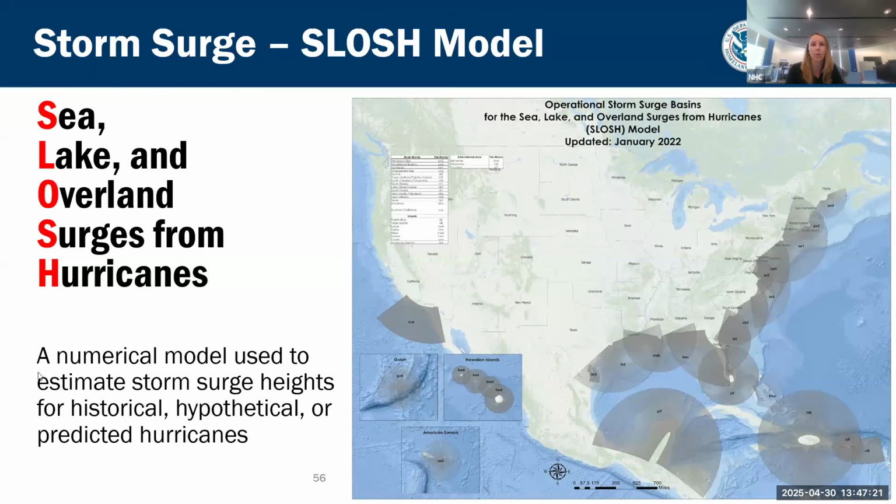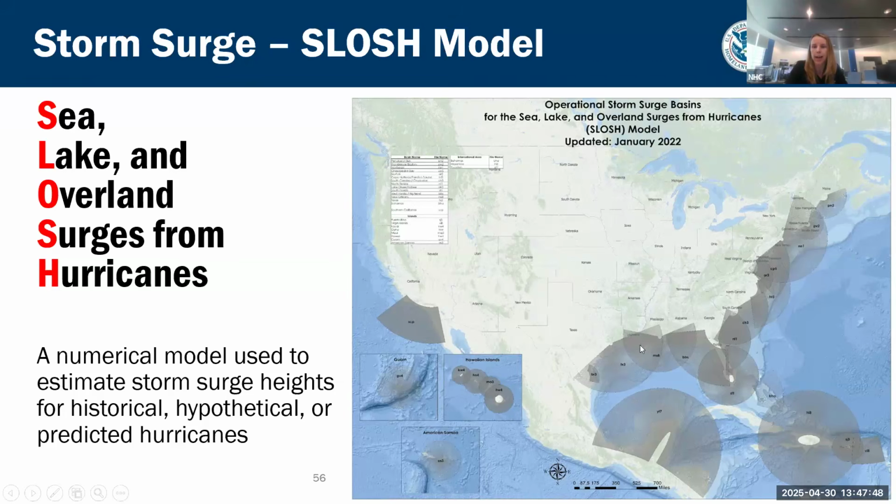And so it is our workhorse, and we run it not just one time, but we run it lots of times. And the reason that we like SLOSH is that it is computationally efficient. It is a numerical model, solving the equations of the ocean if we apply a wind field to it. But the great thing about it is that it is extremely efficient. One reason that it's efficient is that we run the model in these basins.